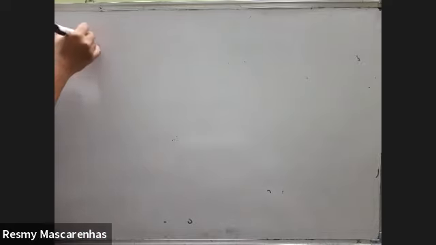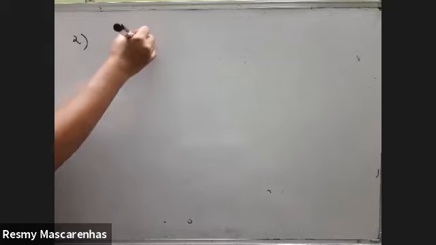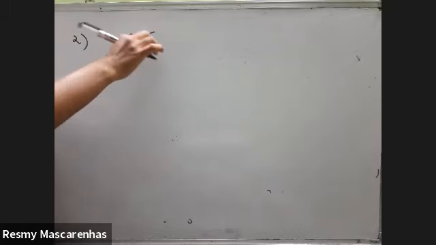Now the second: find the vector and Cartesian equation of a line passing through the points. Okay, just make it points. I've just given the point, just make it points.